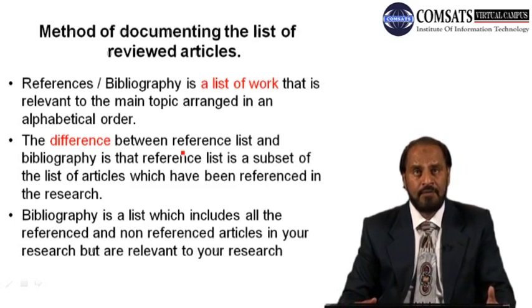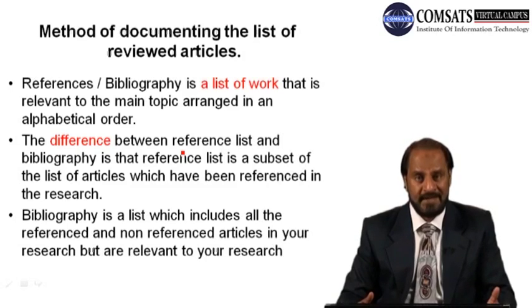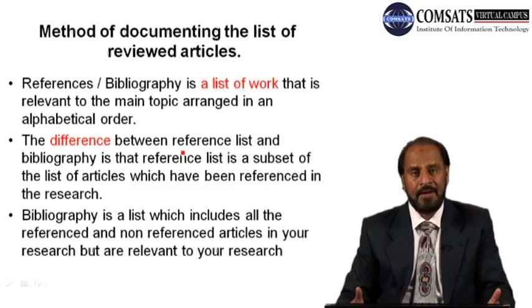So a bibliography could be the readings which you have done but not used in your research article for referencing or citing, but you feel that they are important, so you place them in your bibliographic list. But the people whose work has been cited and referenced are placed in your reference list.